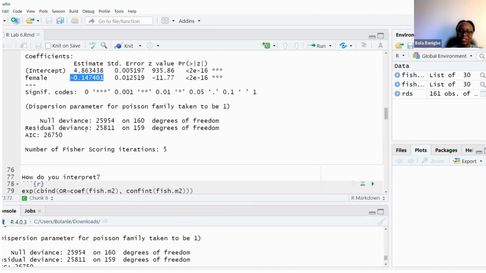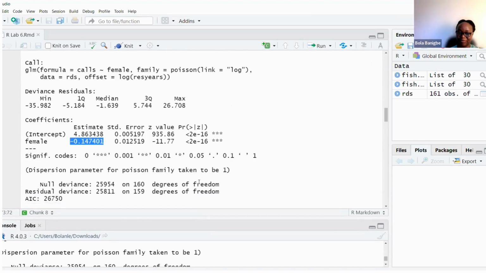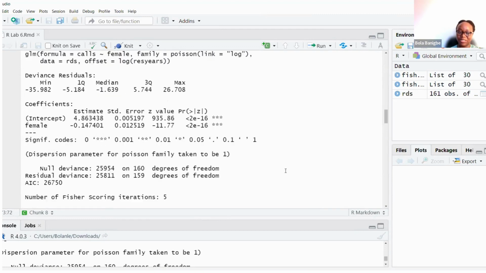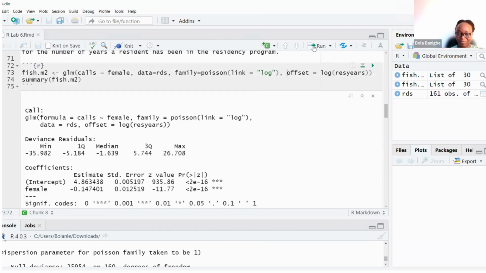So, what do you notice here? Does anybody notice that even though we put an offset term in the regression equation, there's no coefficient for it, right? Yes. Because it's not treated as a predictor variable.